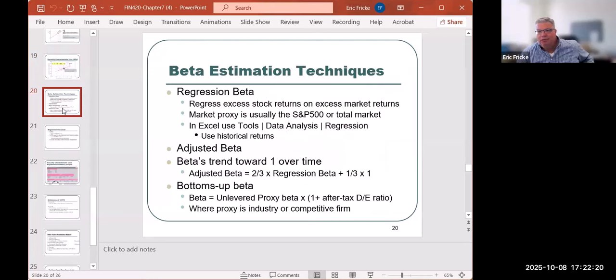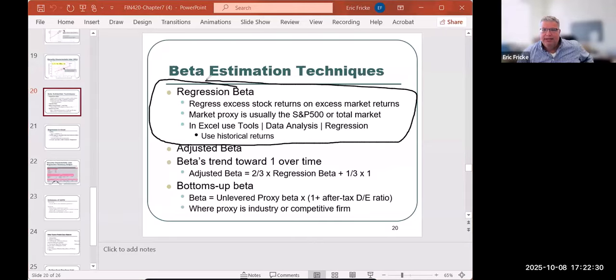We've got a couple different ways to estimate beta. The one we just looked at, or at least described, is called your regression beta. And we can calculate that in Excel. For every month, we get a data point.